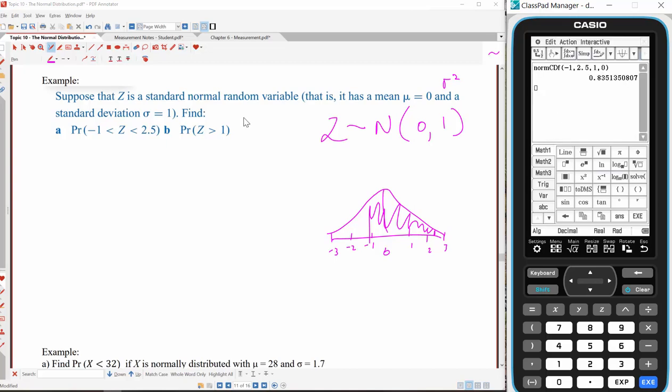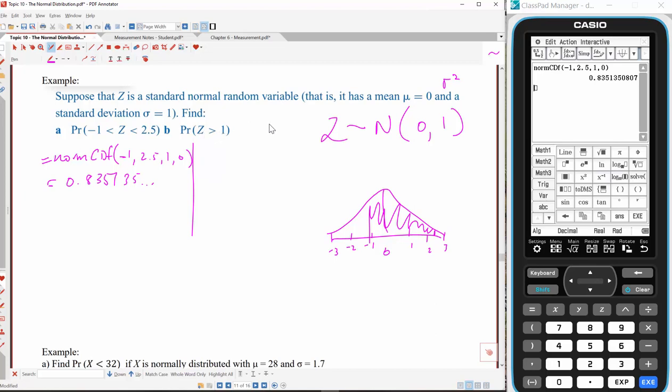So norm CDF(-1, 2.5, 1, 0) equals 0.835135... VCAA typically uses a 4 decimal place approximation, but it depends on the question.